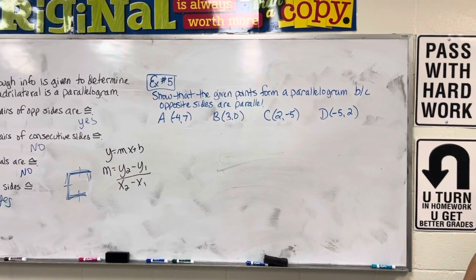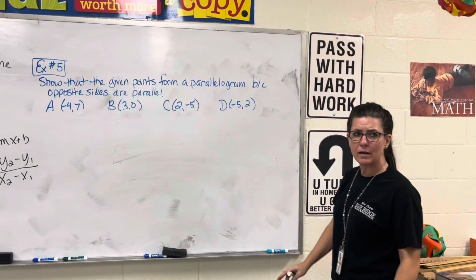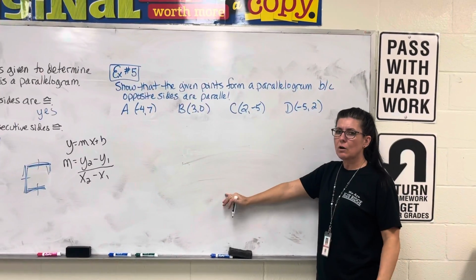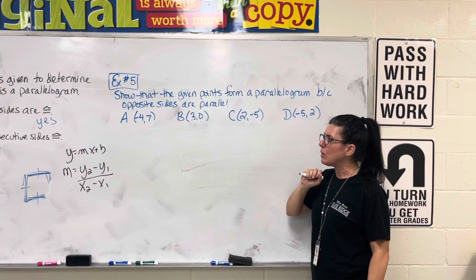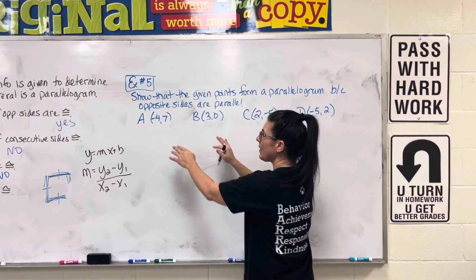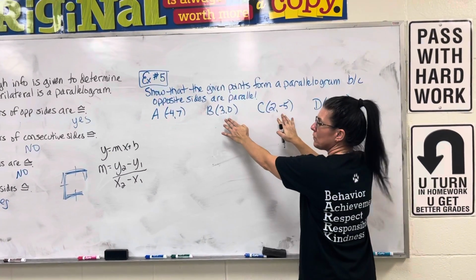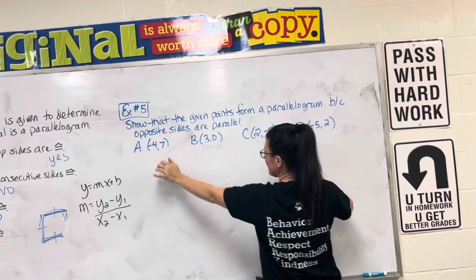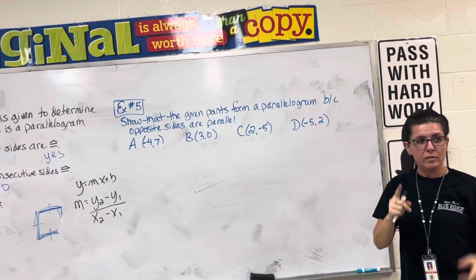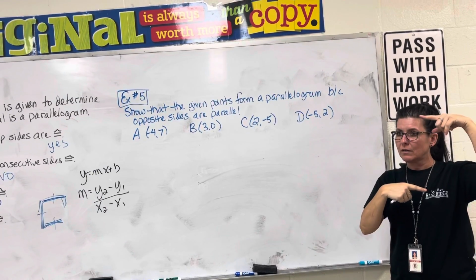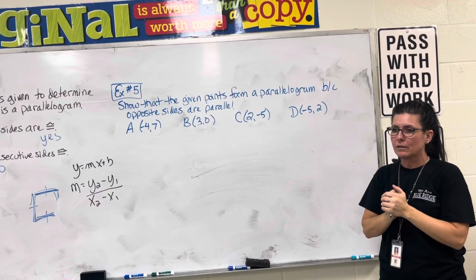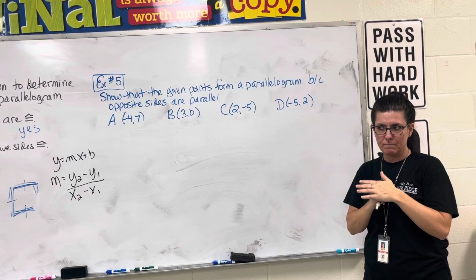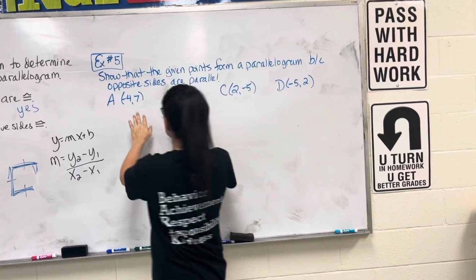I'm gonna go quickly through these problems, but if you need me to help you out a little bit more with it and go over some more examples, I'm happy to do that. So we're gonna find the slope of AB, the slope of BC, the slope of DC, and the slope of AD. I'm hoping to show that those opposite sides are parallel, and that's enough to show that it is a parallelogram. With me? Okay.